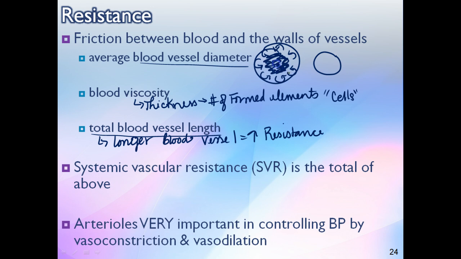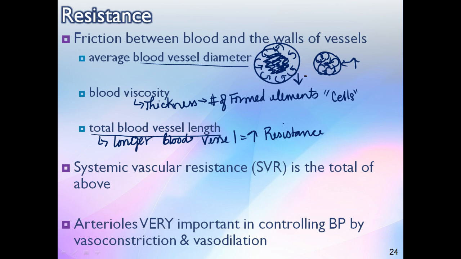If the blood is free-flowing in the middle, then it's not touching your vessel walls, and as a result, not causing any type of resistance. Whereas this small guy over here, more blood is in contact with the vessel wall, less is free-flowing, so this one is going to have higher resistance compared to this one that's going to have lower resistance.